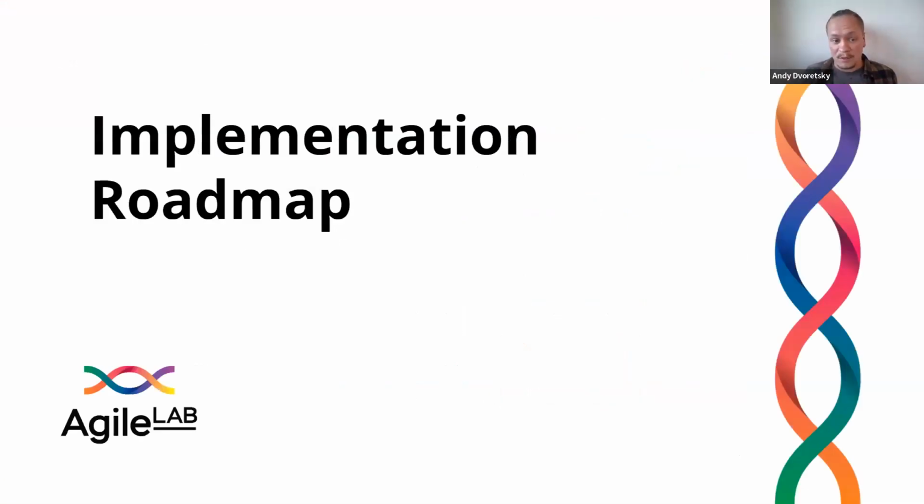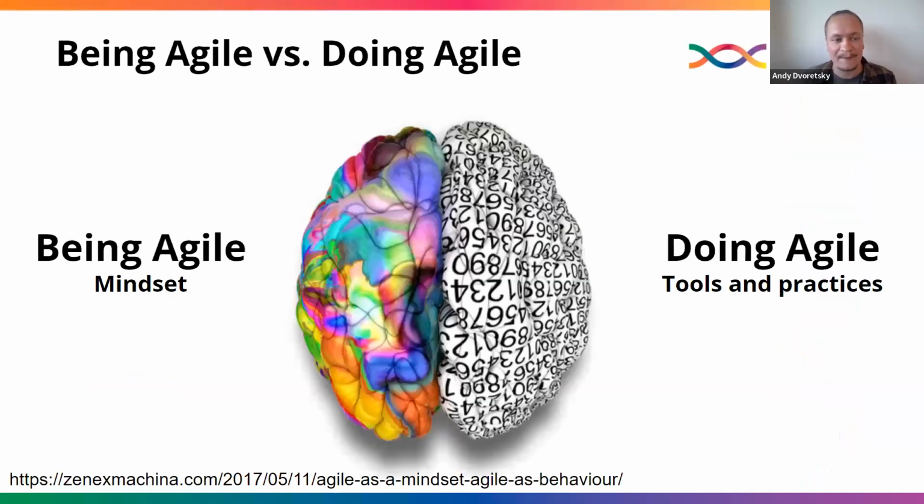Definitely all the stakeholders of organizations making the decision to go for the Scaled Agile Framework ask the same question: is there a roadmap? Because they want some clarity and transparency on how exactly the organization is going to change.